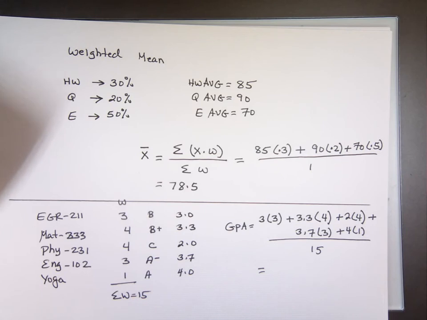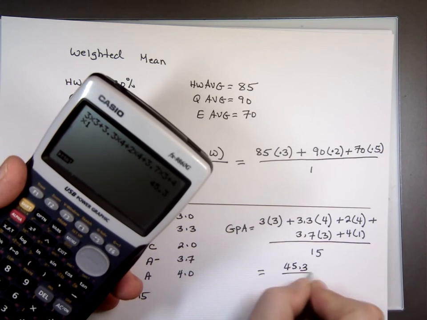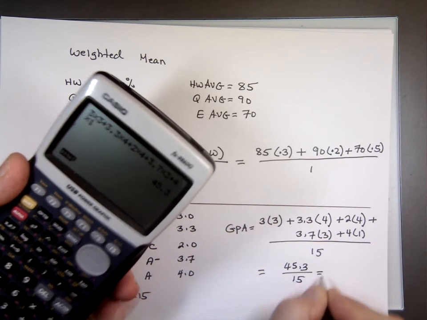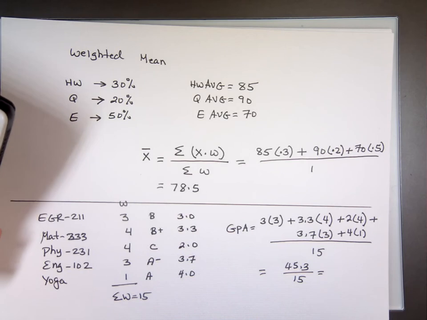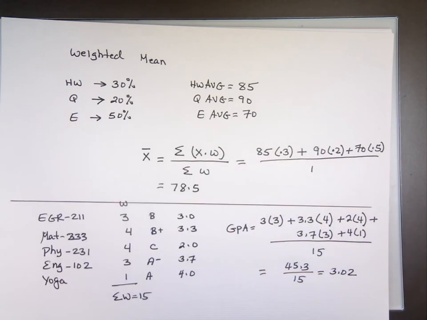So it's 45.3 if I push all the buttons again, over 15, which will make it what? 3.02. Now just think, if you drop that physics class, you know what, I'm not doing good in physics, I'm going to drop it.